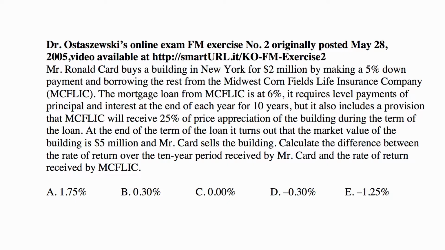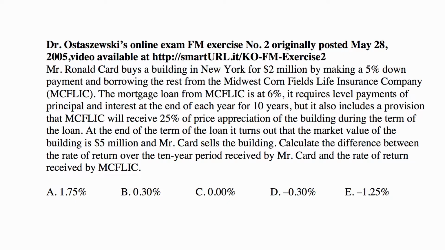The mortgage loan from MCFLIC is at 6%. It requires level payments of principal and interest at the end of each year for 10 years, but it also includes a provision that MCFLIC will receive 20% of price appreciation of the building during the term of the loan.